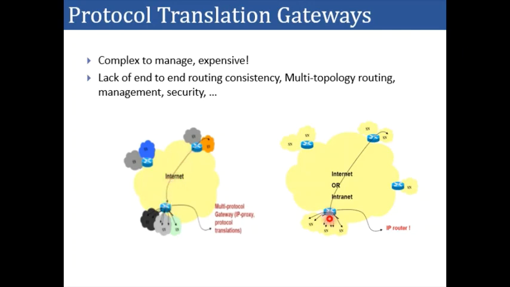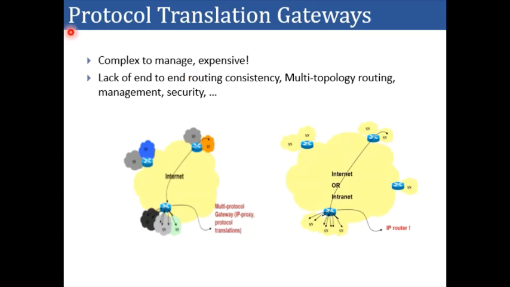So we need to deploy a lot of protocol translation gateways so that they can accept the data from various subnetworks having different protocols, and then the converted data can travel over the network.